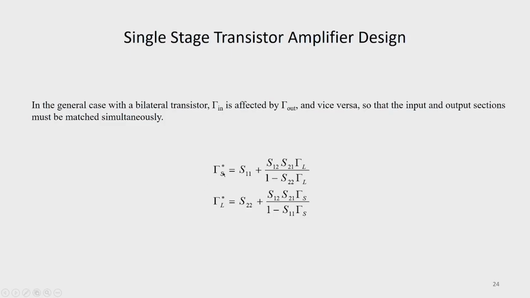Therefore, gamma s conjugate can be written as S11 plus S12 S21 gamma L divided by 1 minus S22 gamma L. This is essentially the expression for gamma in, and similarly we can write gamma L conjugate is equal to S22 plus S12 S21 gamma s divided by 1 minus S11 gamma s. So, this right hand side is essentially the expression for gamma out.